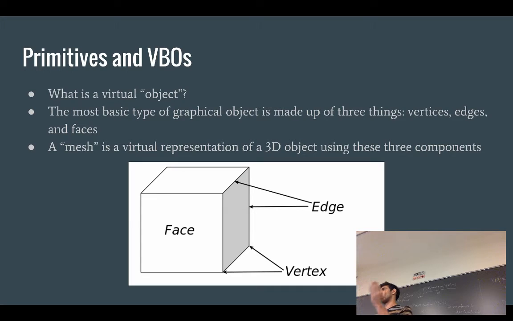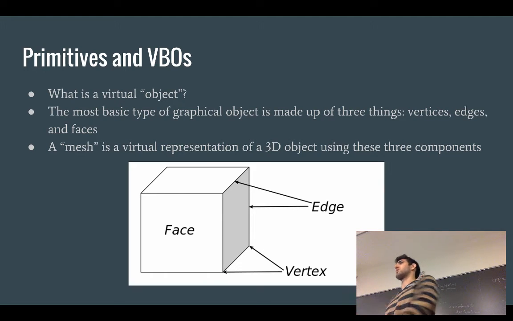The edges are the edges of those surfaces, and the vertices are the points which you make edges from. So you kind of build up: 2 vertices make an edge, usually 3 edges will make a face. We can talk about triangulation a little bit later when we get into more advanced graphics concepts. But those are the 3 concepts, edges, faces, and vertices, that will make a mesh.